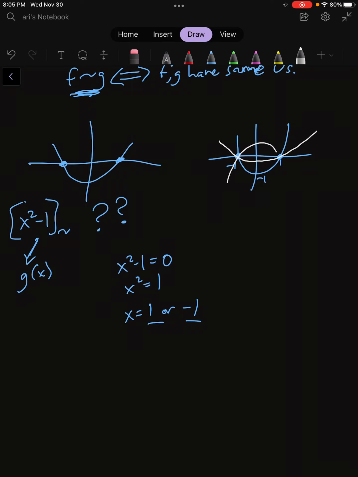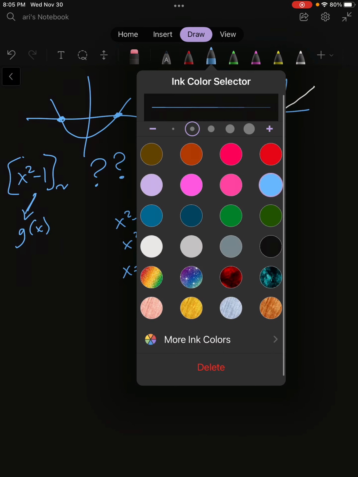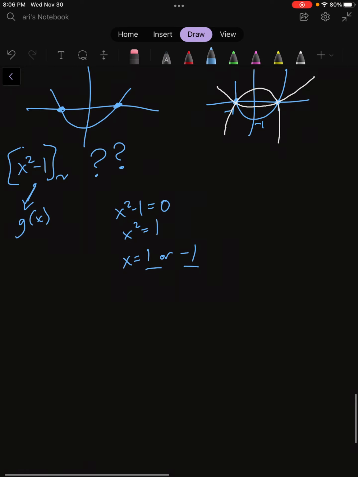You might have some upside down ones. And we need some way to represent all of them. And that's not so simple to think about. I'm not sure if there's a better way of doing this than just thinking about it for a little while and trying to figure out what's a way that we could represent them.